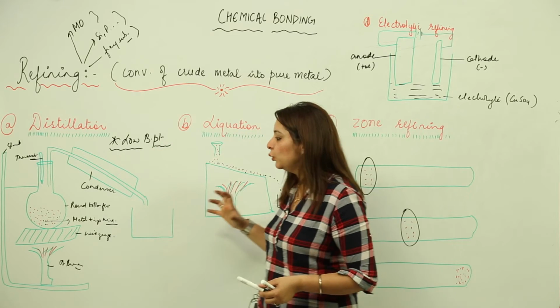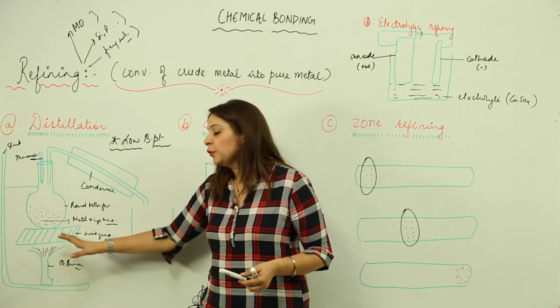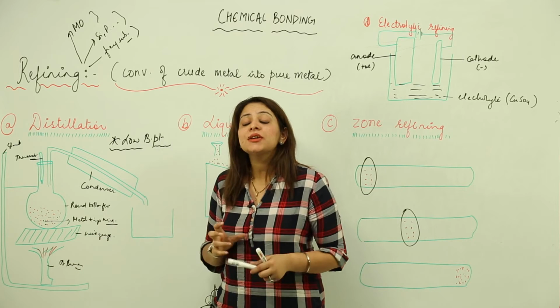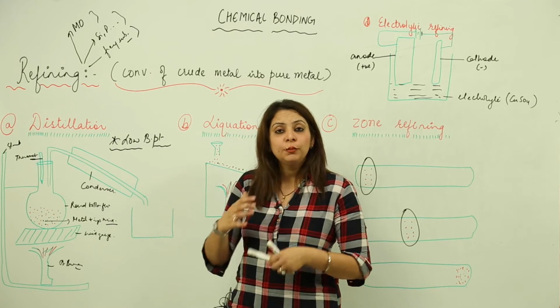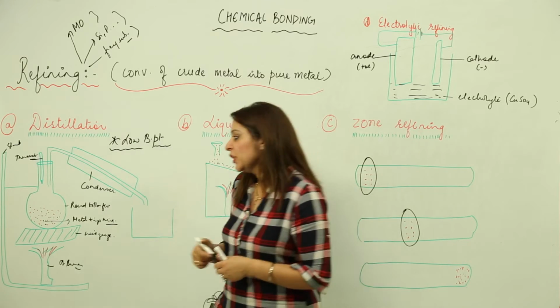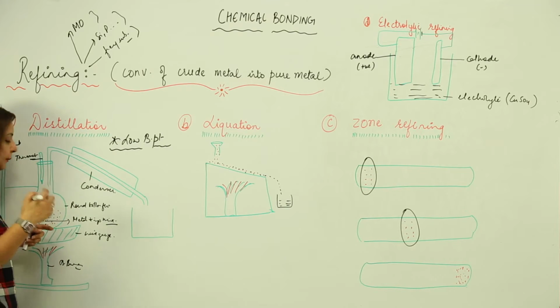So what I am going to do is take the metal and impurity mixture in this flask and heat it. As our metal possesses a low boiling point, it will boil at the lower temperature. Let's say that this black one is our metal, and the red ones are the impurities.